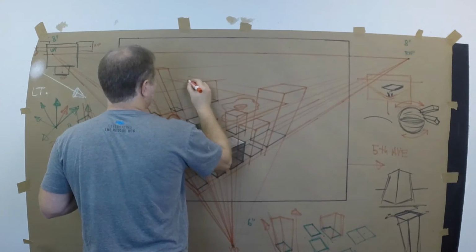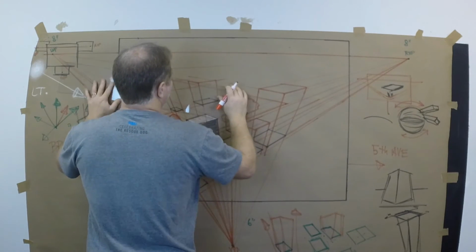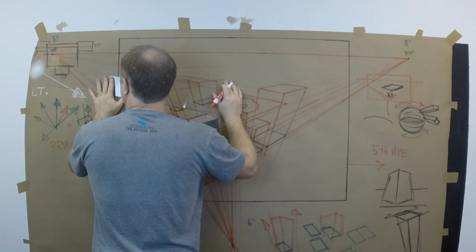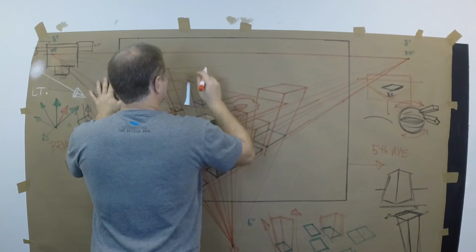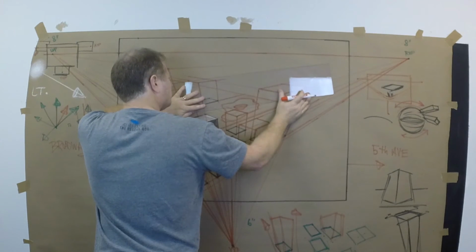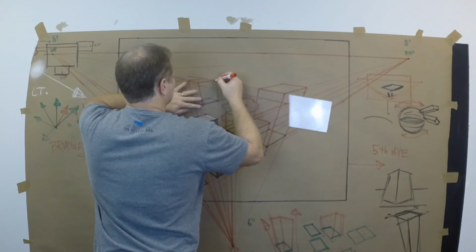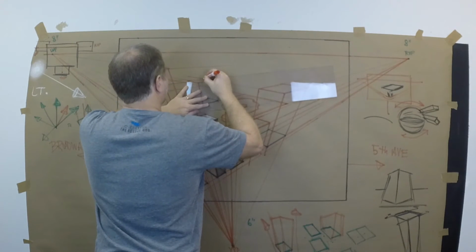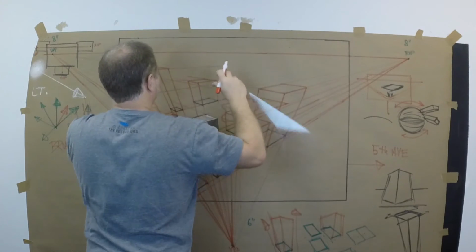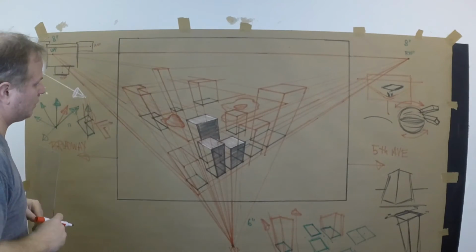So from these 2 points, we go to the opposite vanishing point here and here. There we go. Got that.